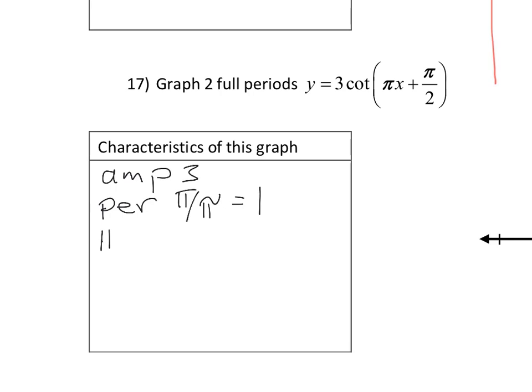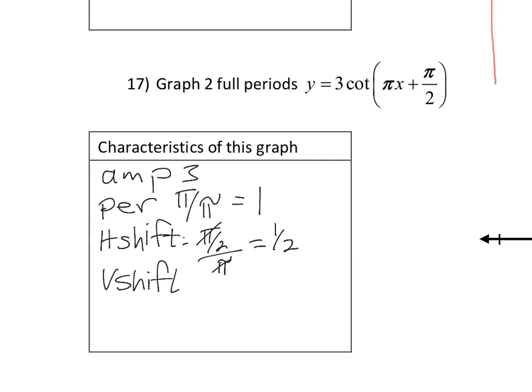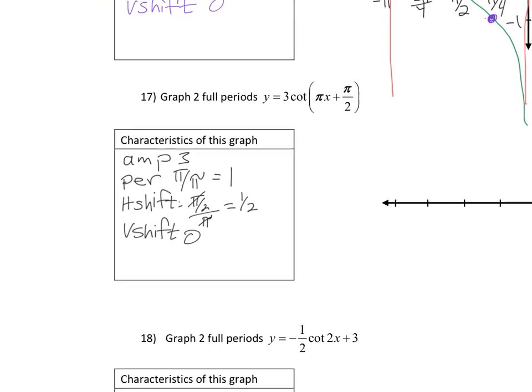I have a horizontal shift, and that is pi over 2 over pi. So the two pi's being numerators cross out, and I end up with a horizontal shift of 1/2. Okay, and my vertical shift is 0. 3 is not negative, so there is no rotation.